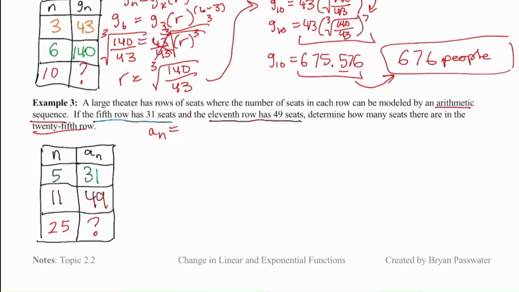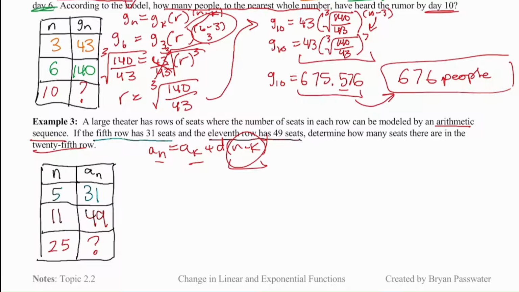So AN is equal to AK plus D(N minus K). So we always know that N goes before K, and when we're using N and K, the number in the parentheses, talking about both types of sequences, would be N minus K. And when it's the initial, the number in the parentheses will only be N.